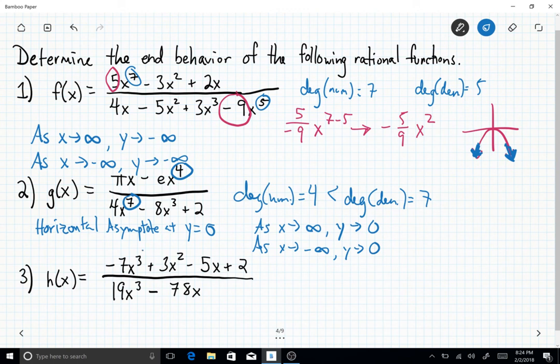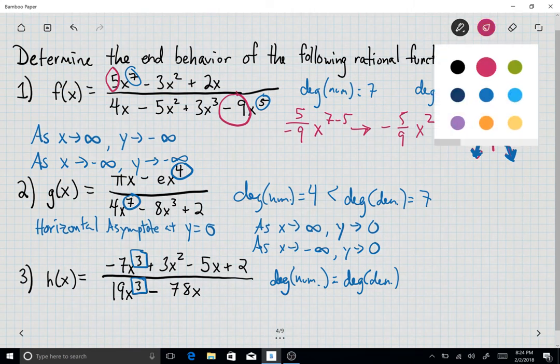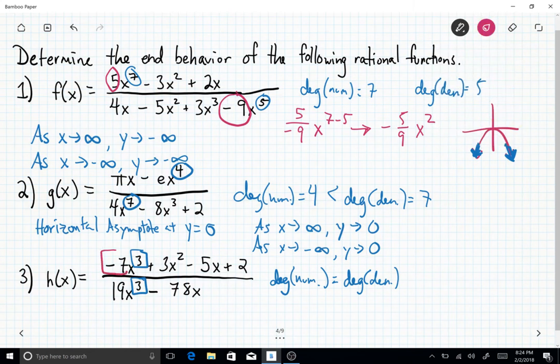In our third scenario, though, notice we have 3 up here and 3 down below. So in our case, the degree of our numerator equals the degree of our denominator. And that's the first scenario. So what do we do? Well, we check the coefficients in front of that term with the degree. And here's what it tells us.